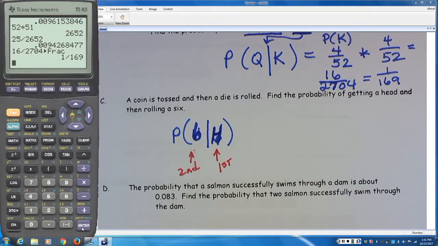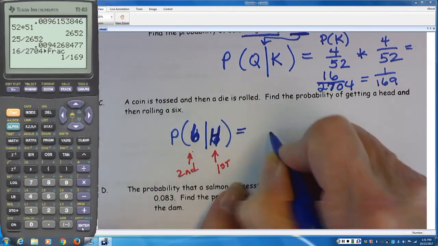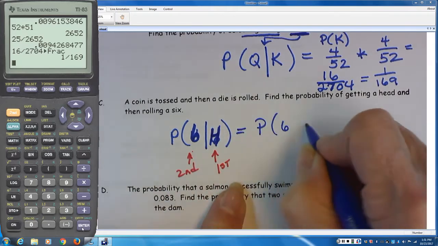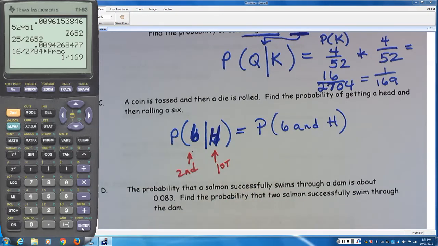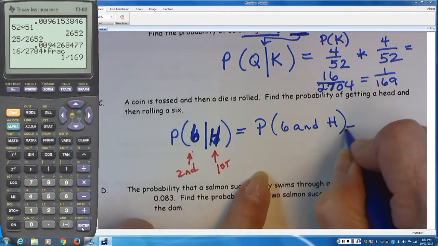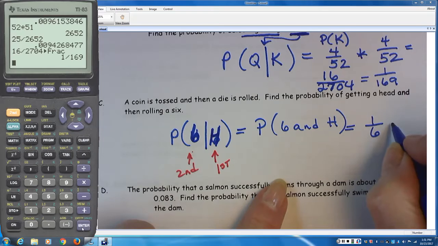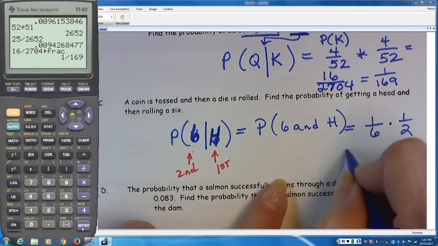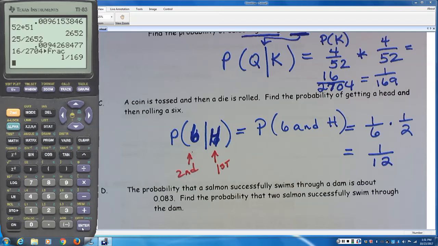So in this case, they're independent, and there's actually no difference in writing it that way and writing it this way. You're still going to multiply. It's just that there's no influence. So the probability of getting the 6 is 1/6. The probability of getting the head is 1/2. So your probability is 1/12.